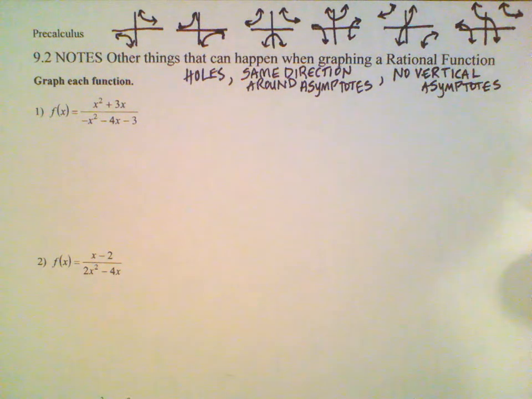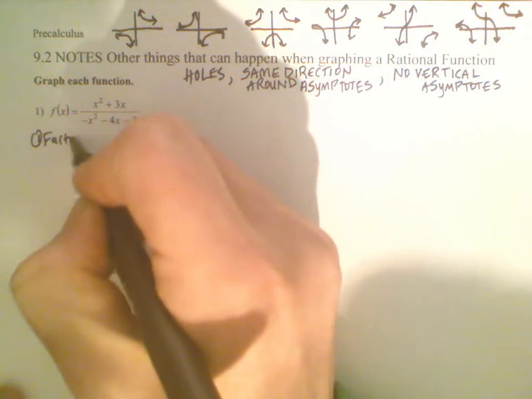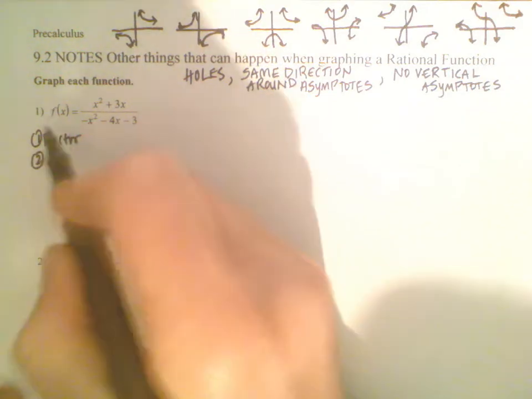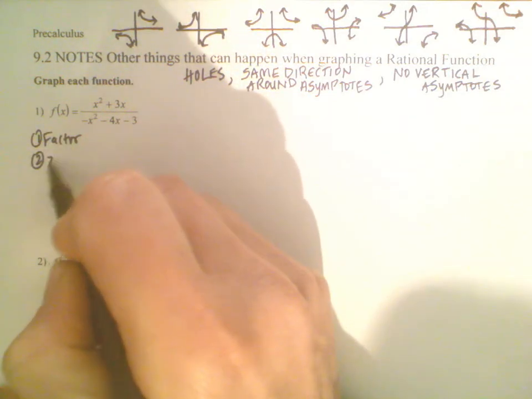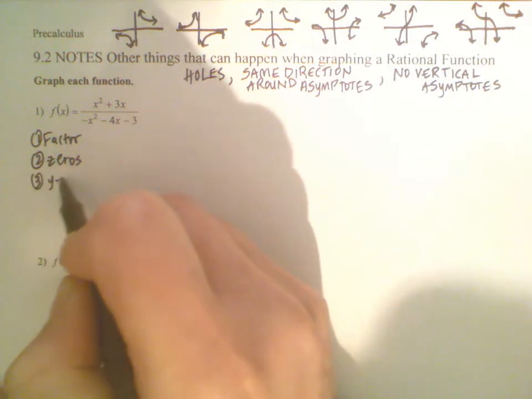Now obviously I'm not going to touch on every type of rational function that is out there. There are other little things that happen, little swoops and curves and turns depending on the values, but these are just some of the things. And here is the information that we find to graph them, and I'll relist those. Number 1, we said factor. Number 2, we are going to find our x-intercept or our zeros. The third thing that we do is we find our y-intercept.